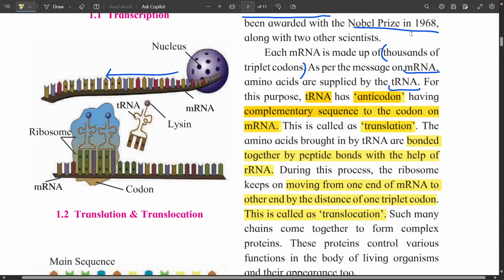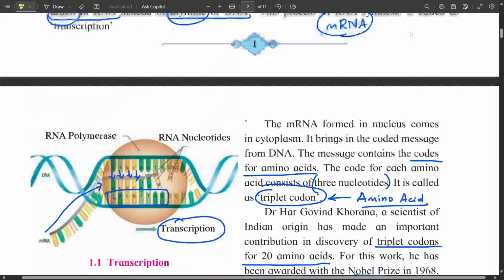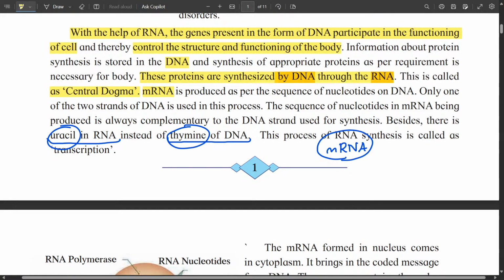So we have seen three main processes. First, this entire thing, the central dogma, we have seen. The central dogma is synthesis of protein by DNA through RNA. And in this central dogma, there are three main processes: transcription, translation and translocation.